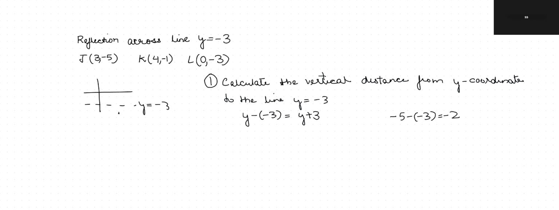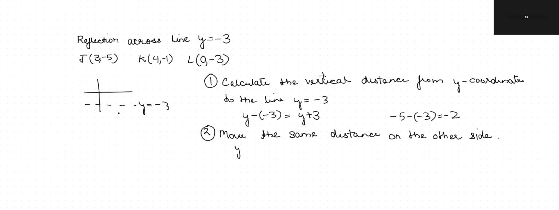Now the second step will be to move the same distance on the other side of the line y is equal to -3.